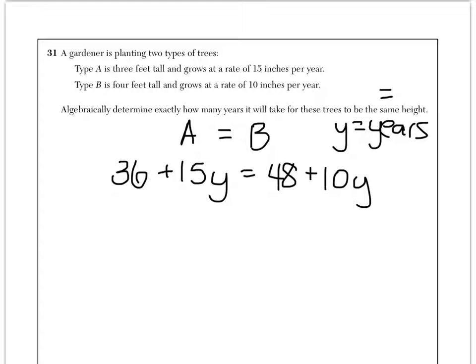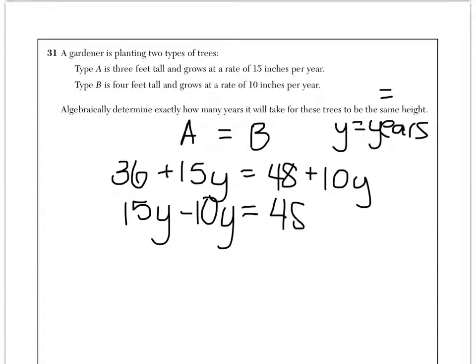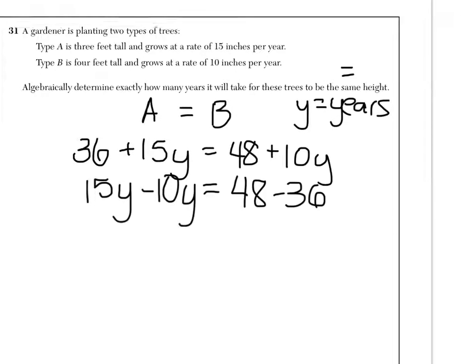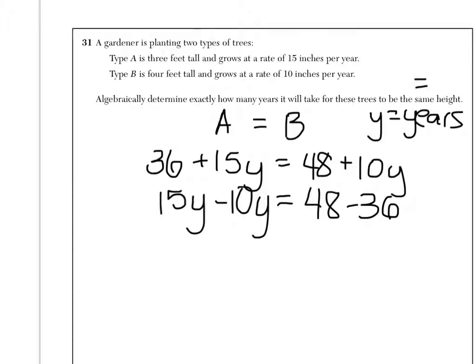Since this is not a quadratic equation, I can simply resort to my sorting method to solve for Y. So 15Y minus 10Y is equal to 48 minus 36. I just moved my variables to the left side and my constants to the right. So 36 became negative and 10Y became negative.